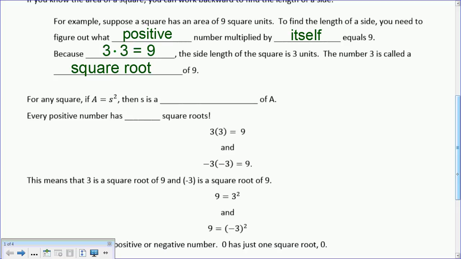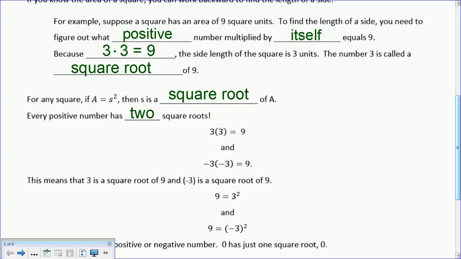Now, for any square, if the area equals side squared, then S is a square root of A. Right? Because it would take S times S to give you A. So S is a square root of A. Every positive number has 2 square roots: a positive number, or remember, a negative number, right?